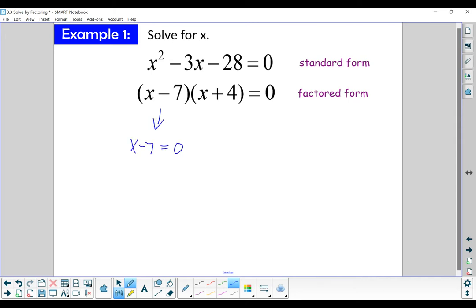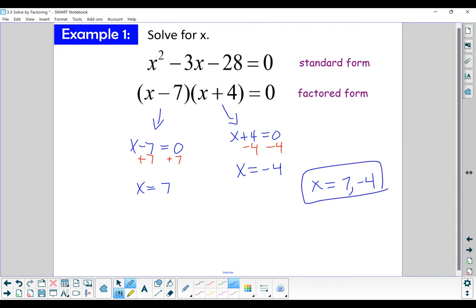Our first factor, x minus 7 equals 0, gives us the solution that x is equal to 7. And our second factor, if it's equal to 0, then we get the solution x equals negative 4. So we have two answers, 7 and negative 4, and both of those answers make that equation true.